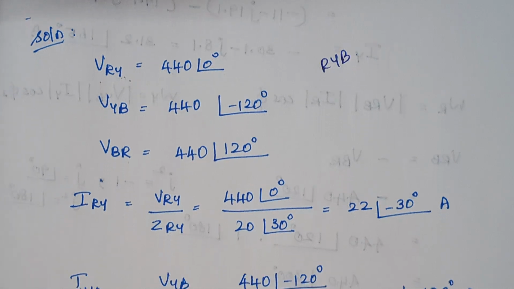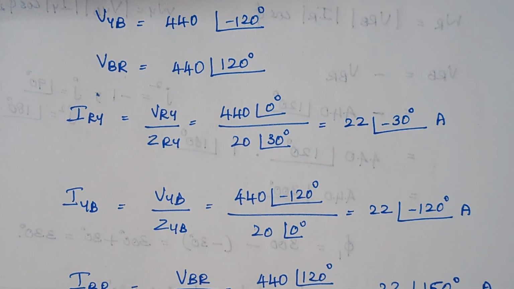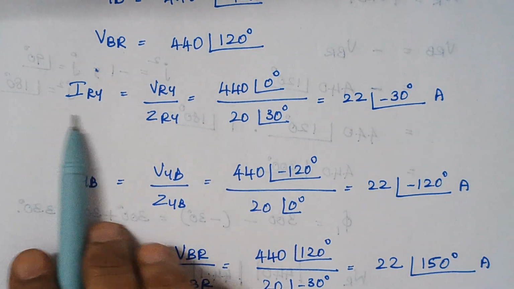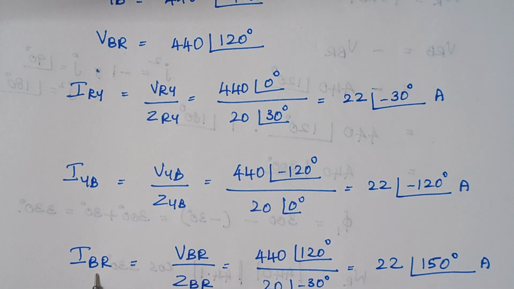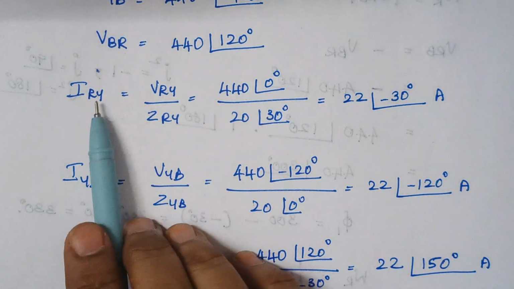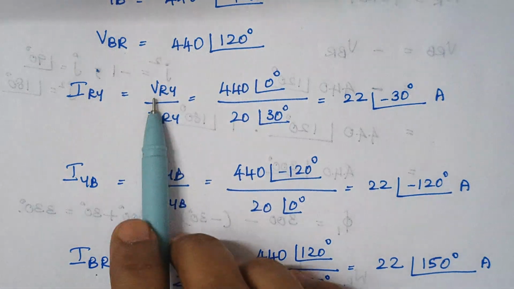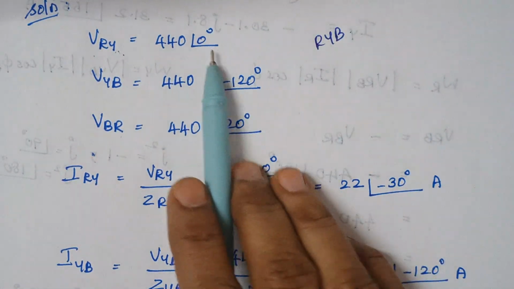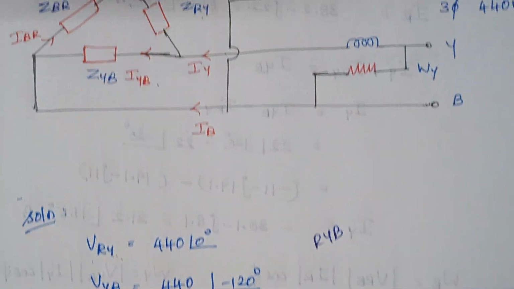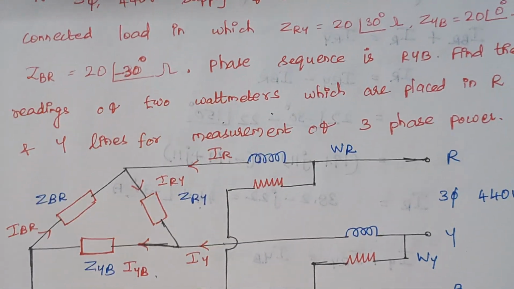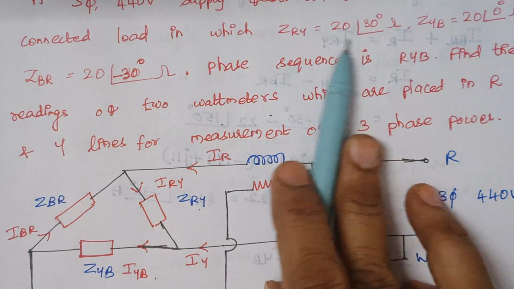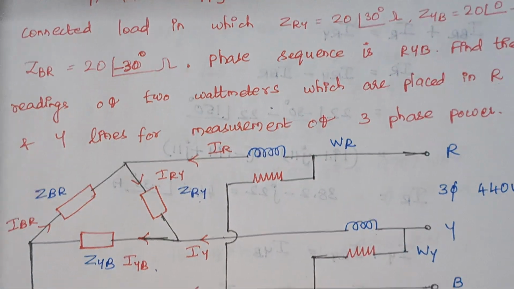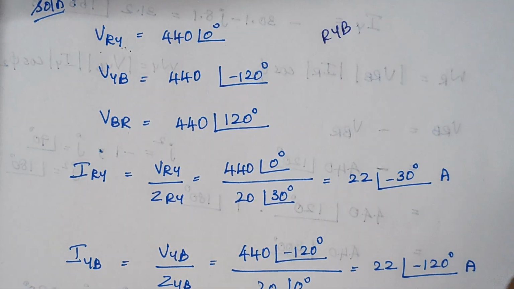Next we are going to calculate the values of I_RY, I_YB and I_BR. I_RY is nothing but V_RY divided by Z_RY. V_RY we know, and Z_RY is directly given in the problem. So directly substitute the values.